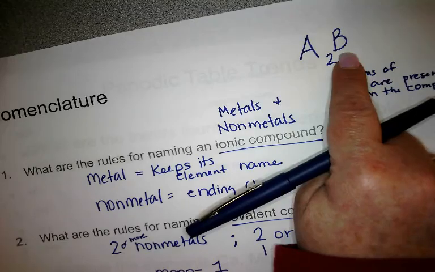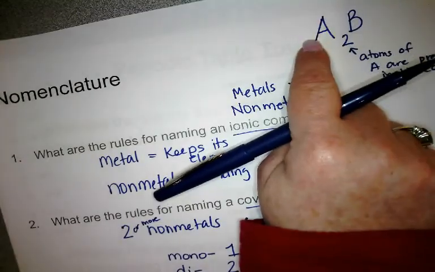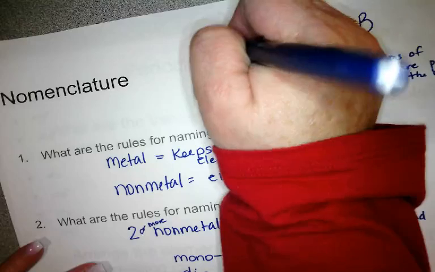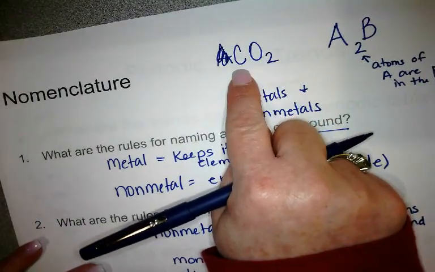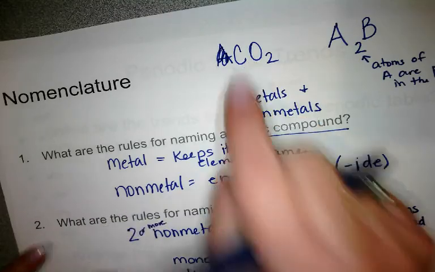You will not see mono on a first element. So let's say if we have a compound, let me do CO2. If I were to write this out, it's carbon. We don't have to account for that one there, and then dioxide. That would be the proper naming.